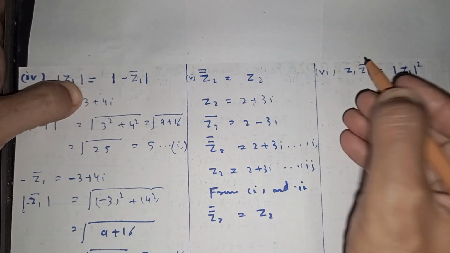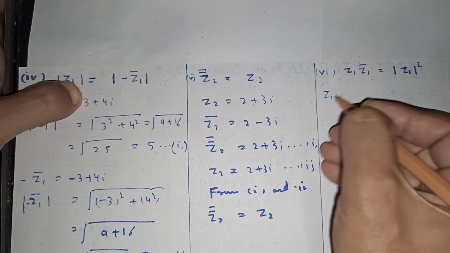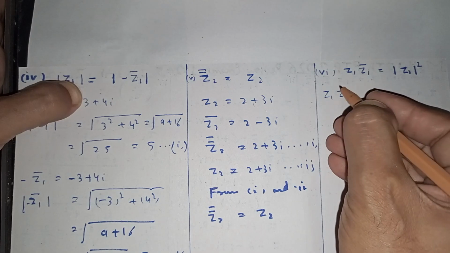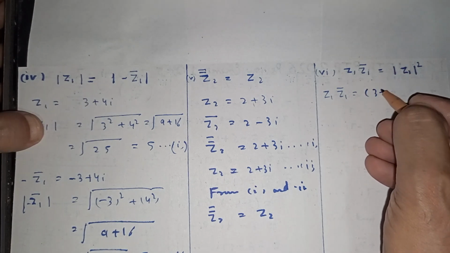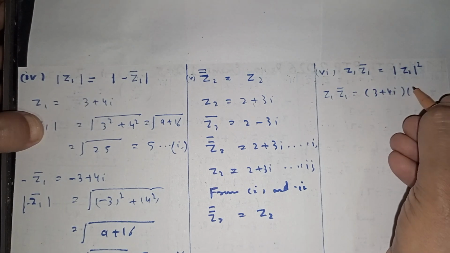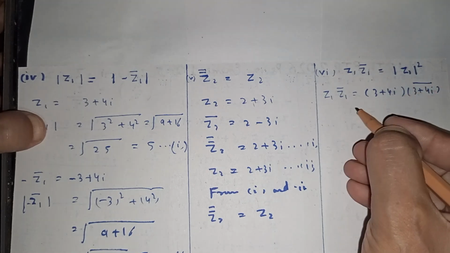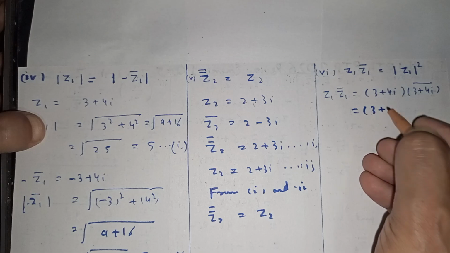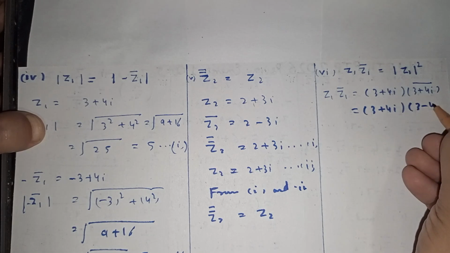Sixth part, z1 into z1 conjugate. Write z1 and then z1 conjugate. Put the value of z1, which is equal to 3 plus 4 iota, and 3 plus 4 iota with the sign of conjugate. Now write 3 plus 4 iota and take the conjugate of 3 plus 4 iota, which is equal to 3 minus 4 iota.